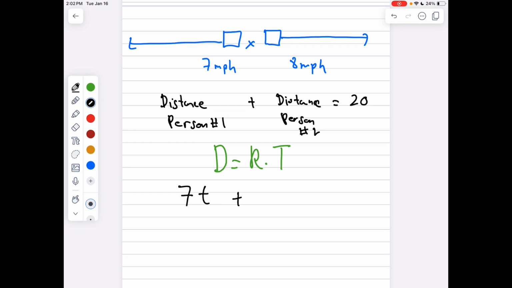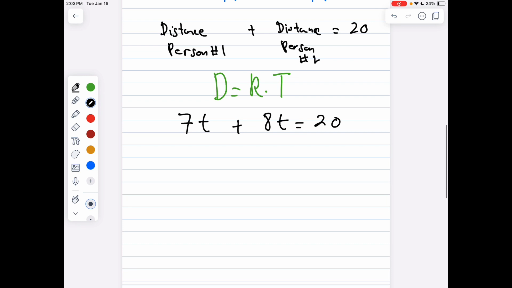Okay, so then I'm going to do the same thing for person number two. 8t is the way I would describe the distance for the second person, because 8 miles per hour times t hours, 8t is how much their distance is. Okay, so the distance of person one plus the distance of person two together gives me 20.